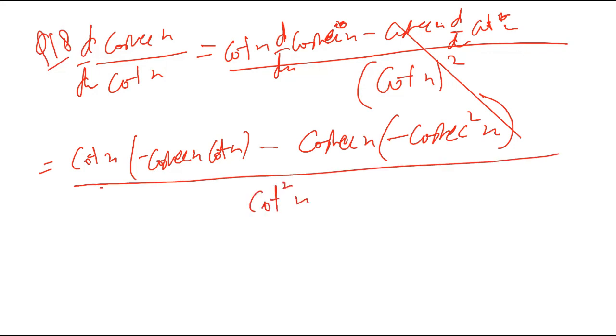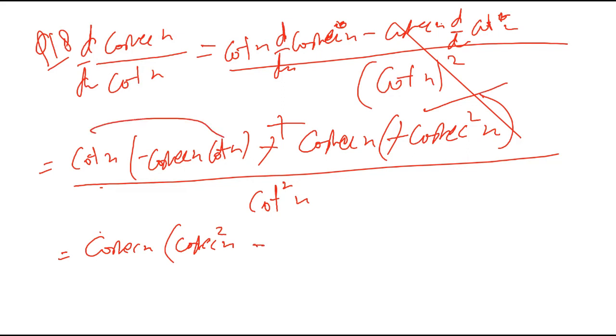Okay, now we have to simply multiply them. In the numerator, you can take minus cosec x as common. Now this minus and this minus get converted into plus. I'm writing first this cosec square x, and minus from here I'm writing down this cot square x.